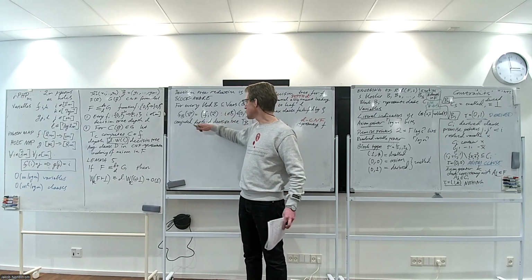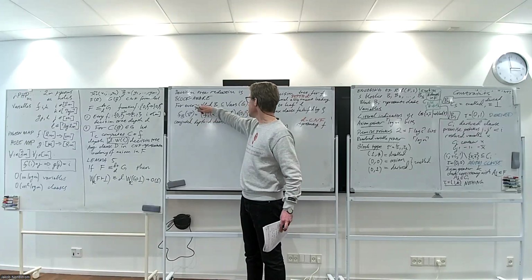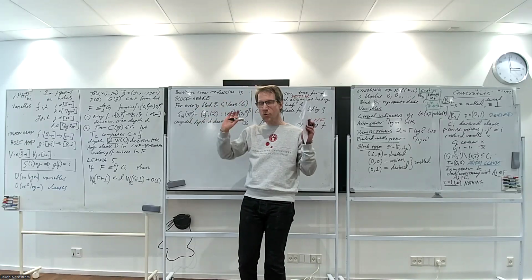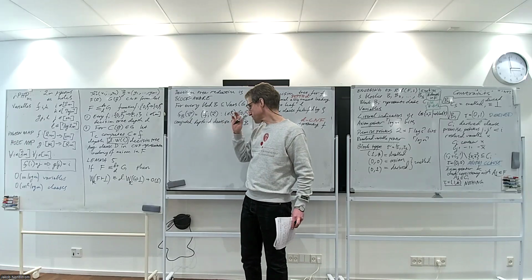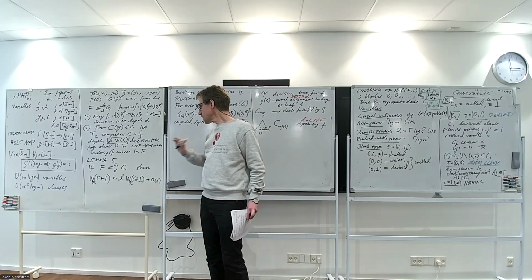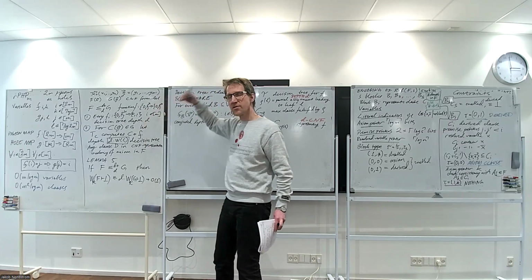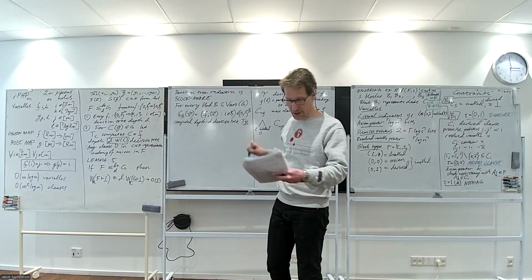The leaves of T are labeled with assignments to the whole block. And it's also a standard decision tree reduction like this.